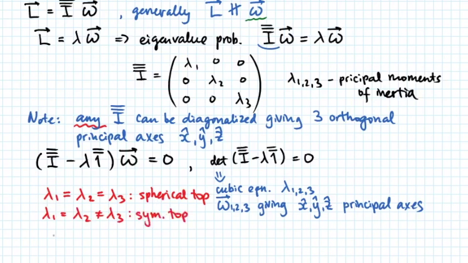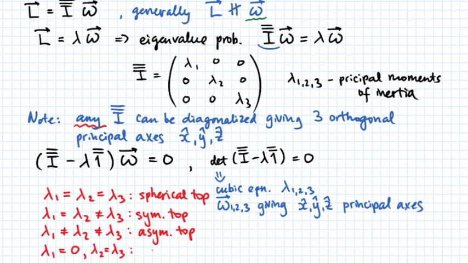If none of the eigenvalues are the same, then we have a case of asymmetrical top. And finally, if we have one eigenvalue which is equal to 0 and the other two are equal, then we have a case known as rotor.